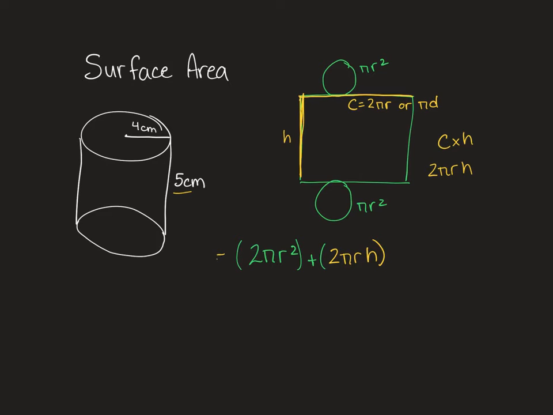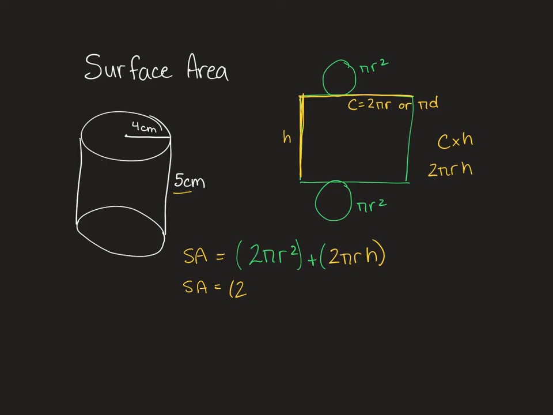So we'll have two components for our surface area. It will be the two circles, which is 2 times 2 pi r squared, plus the rectangle, which is 2 pi r h. Okay? Now, we're going to start copying this out, and we will need to see what we are going to replace some of these with.